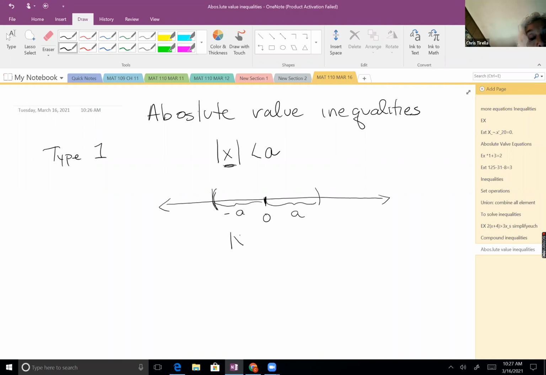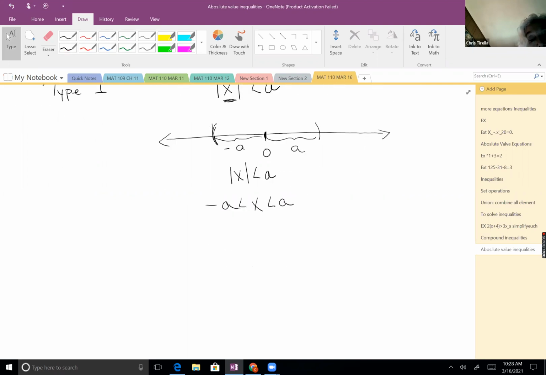And so if the absolute value of x is less than a, wouldn't that tell me that x has to be in between negative a and a? Or for example, if I said the absolute value of x is less than 3, x would have to be a number smaller than 3, but it couldn't be smaller than negative 3, because when I take its absolute value, it would then become bigger than 3.